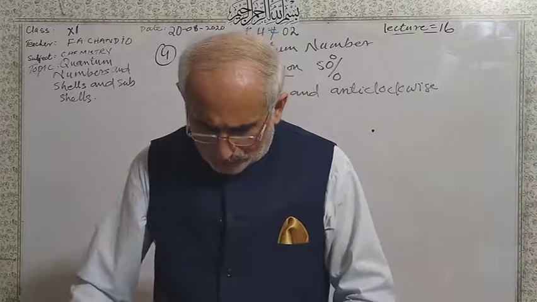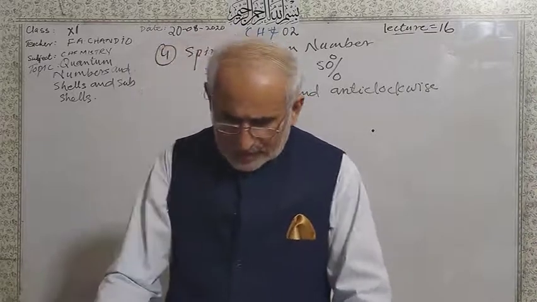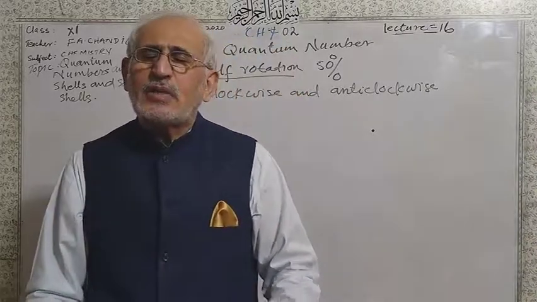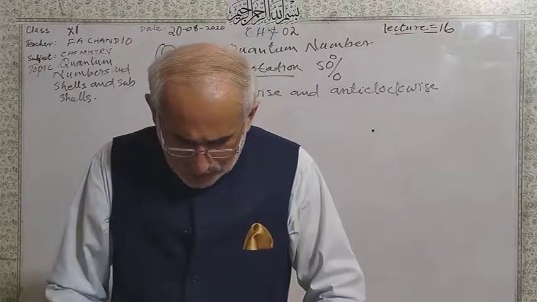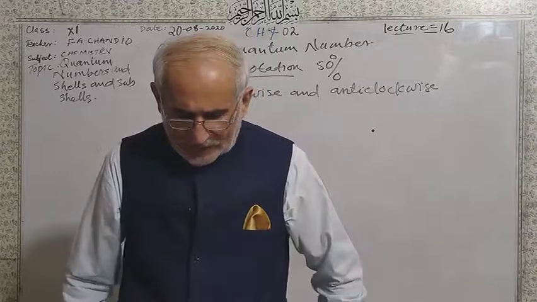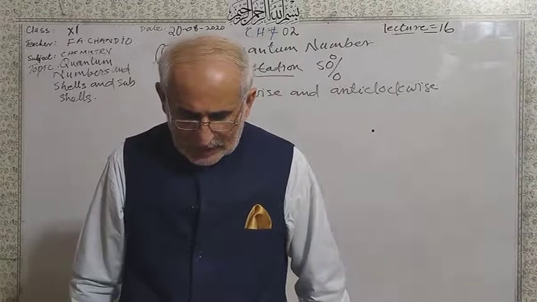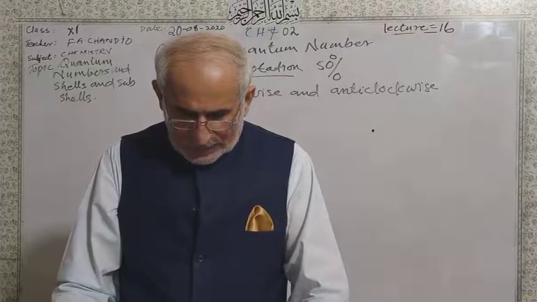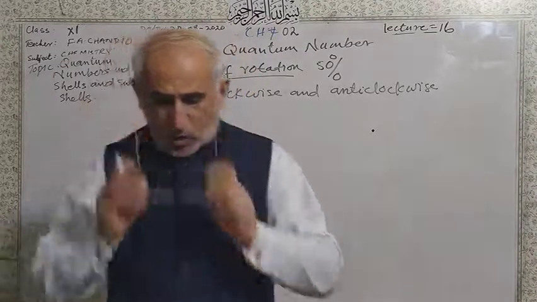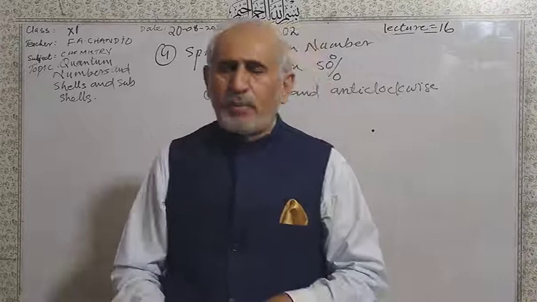So this is called the self-rotation of the electron, written also in your book. This spinning of the electron is associated with a magnetic field, hence a magnetic moment. So this is about the fourth quantum number.